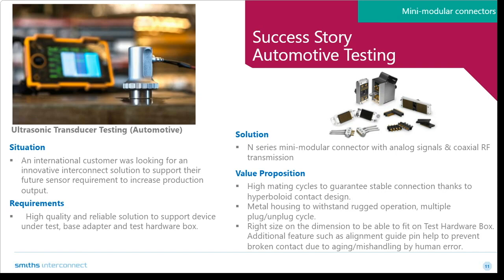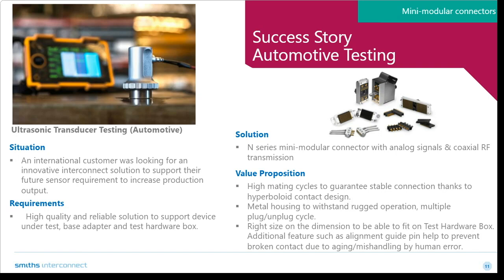So, as I said, they did the due diligence, and then they finally selected the N-series mini-modular connector with analog signals and coaxial RF transmission. Now, why did they choose it after scanning the market? Because of a number of different things that brought home the value of Smiths Interconnect's proposition.